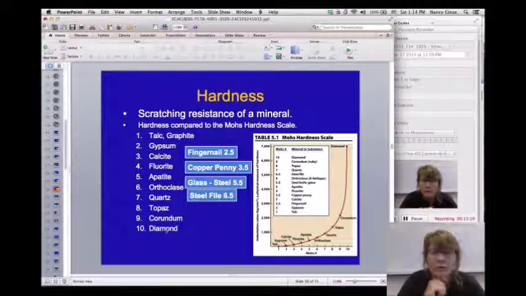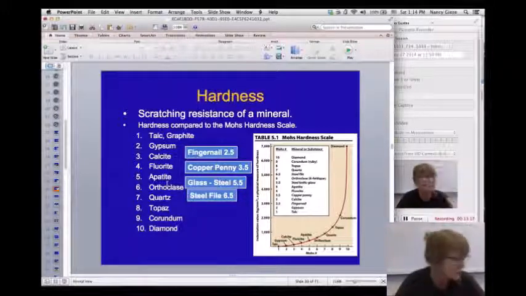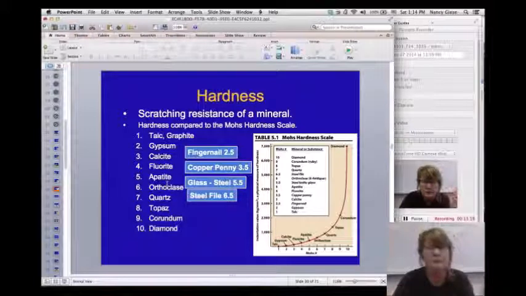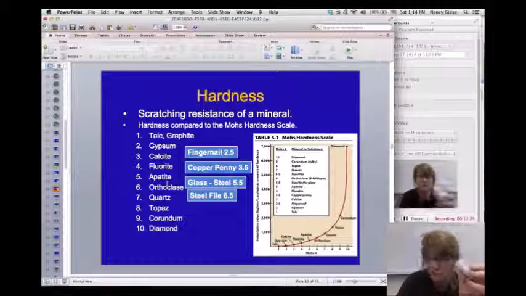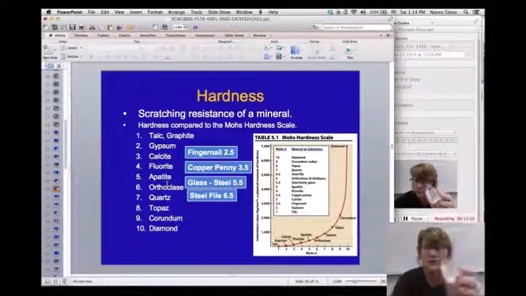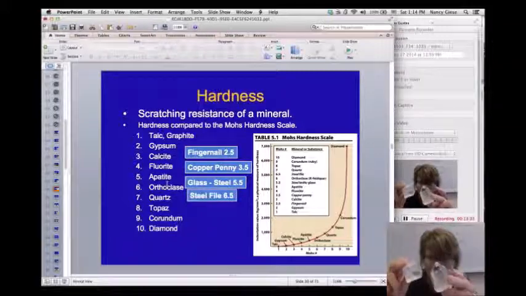So how do you determine the hardness of a mineral? Let's say you had two minerals that look similar. Let's say they have a non-metallic, somewhat glassy luster. Let's use these two examples, this mineral here and this mineral here.